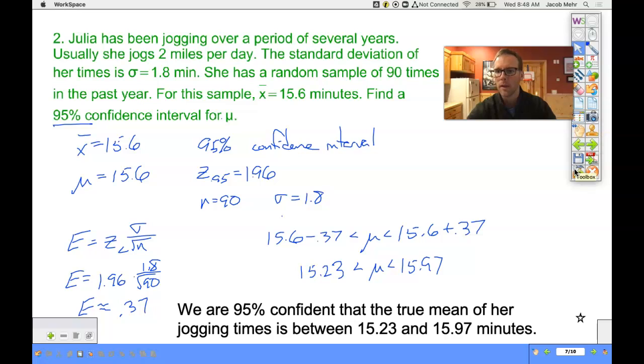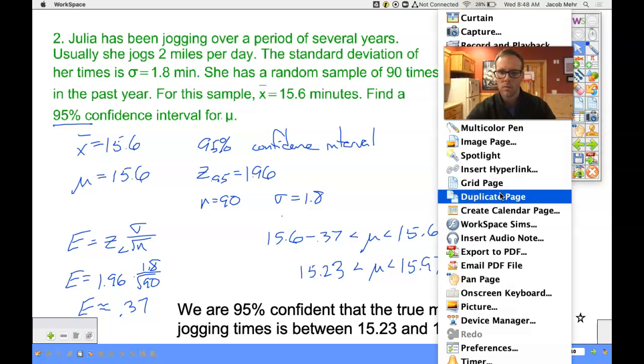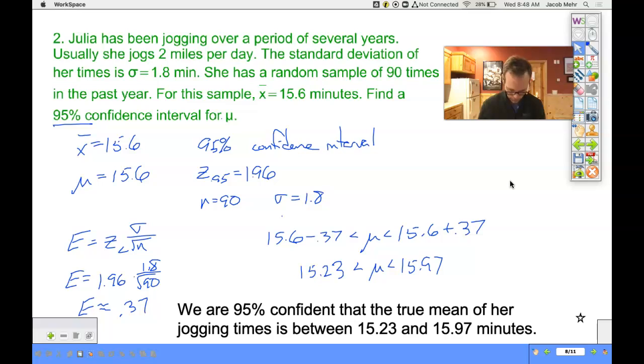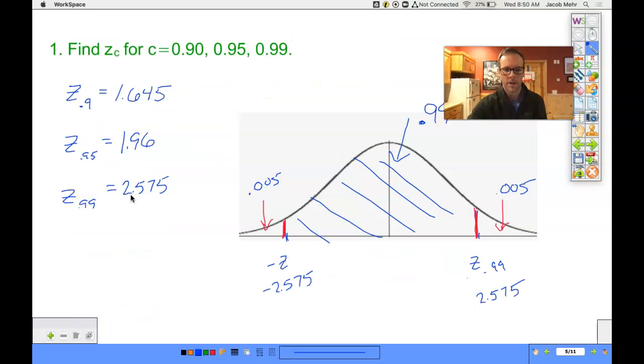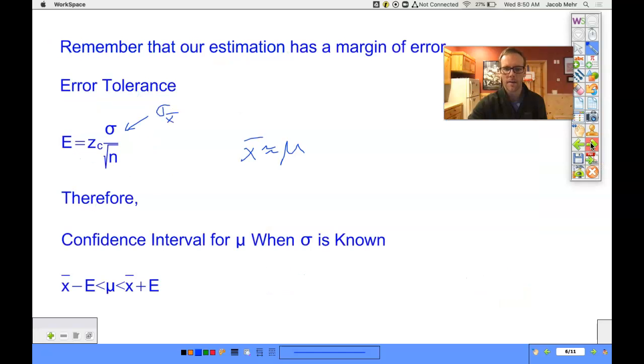I'm going to duplicate this page so I can just go through and erase things here. All right, so let's go with 99% confident. So that means our critical z-score is no longer 1.96. What's our critical z-score for a 99% confidence interval? Right here, 2.575.